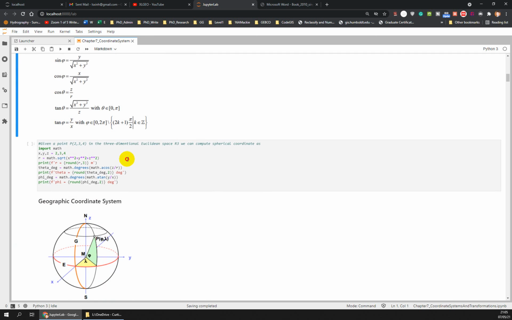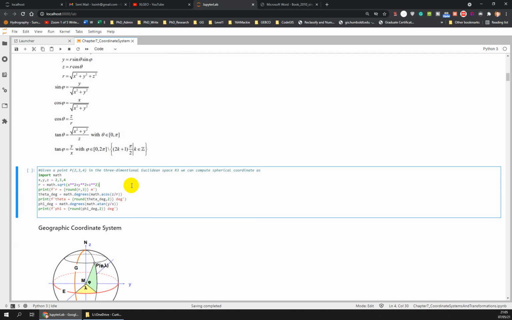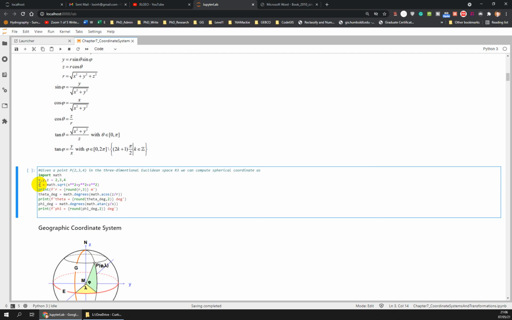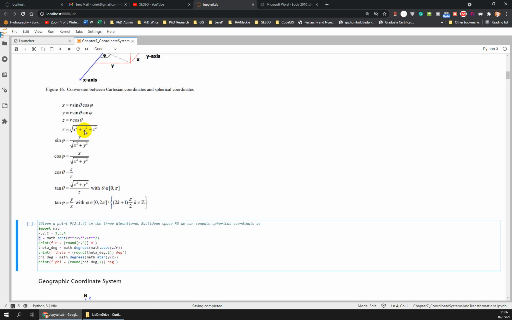Now we're going to try to do it in Python. It's also pretty simple. For example, we have a point with coordinates x is 2, y is 3, and z is 4. Then we can calculate r using this formula, which is the square root of x squared plus y squared plus z squared.